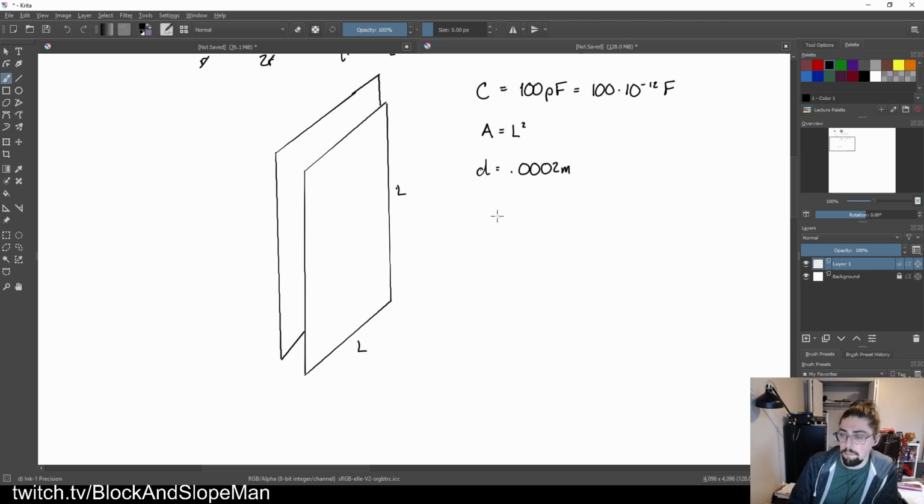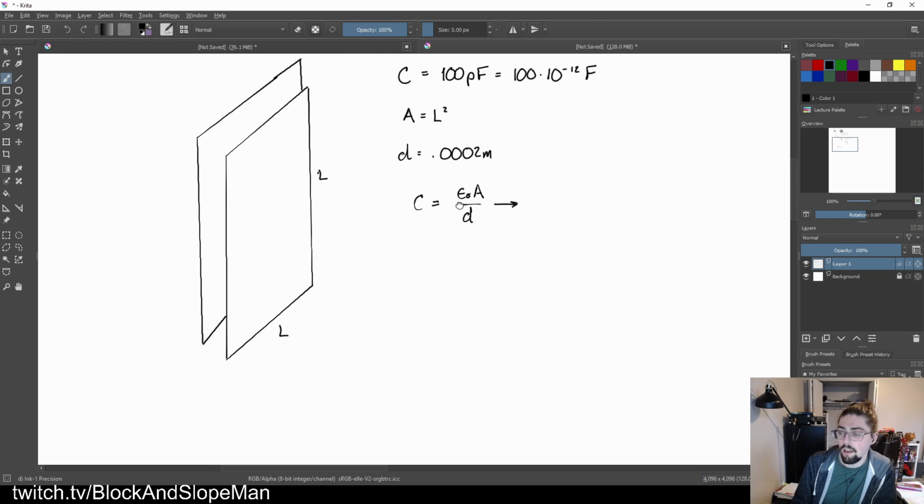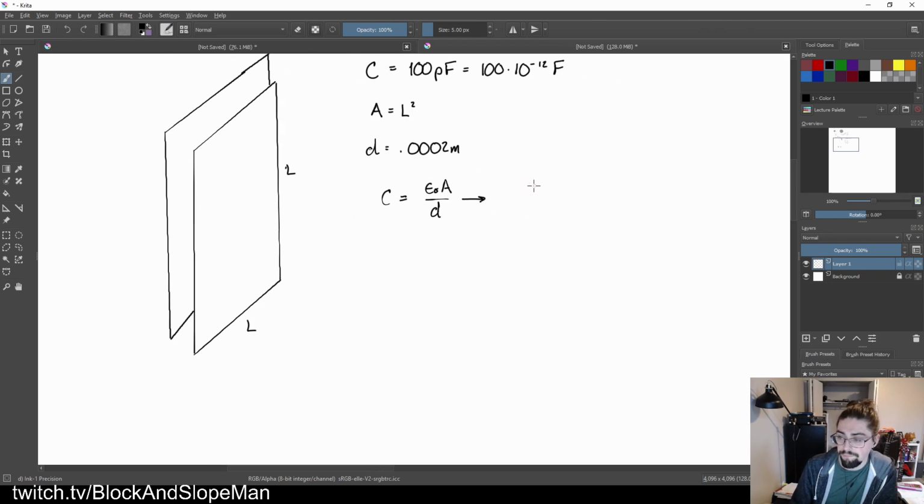We're just going to take the parallel plate capacitor capacitance equation, epsilon naught A over D. As long as everything is in standard units, farads, meters, all that good stuff, rearrange this thing to solve for not A, but L squared. So C D over epsilon naught would be equal to L squared, but let's go ahead and look at L instead, so we take a square root.